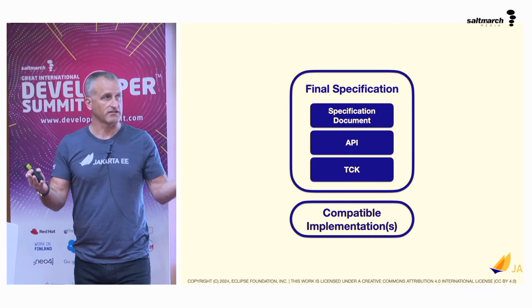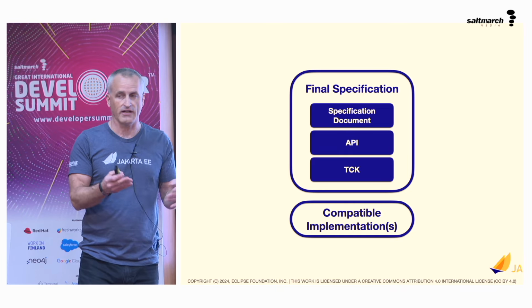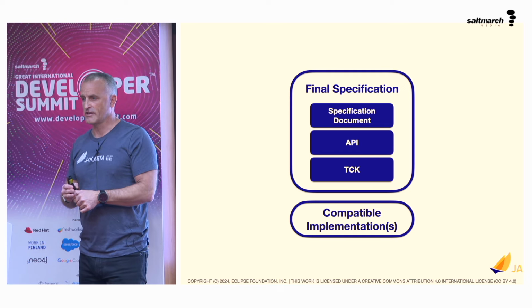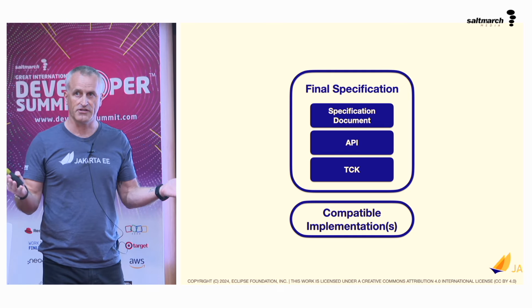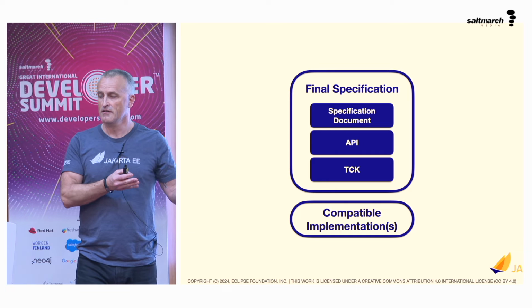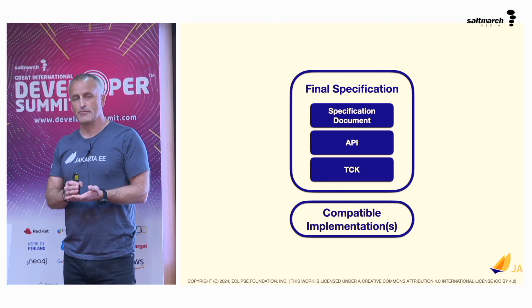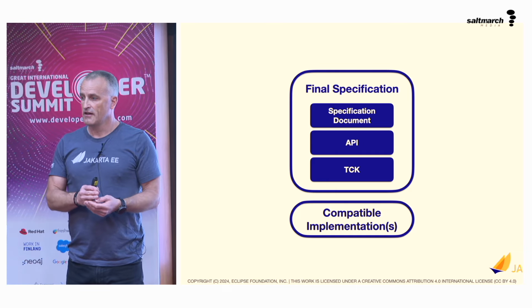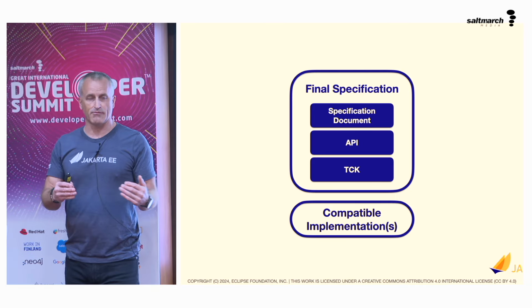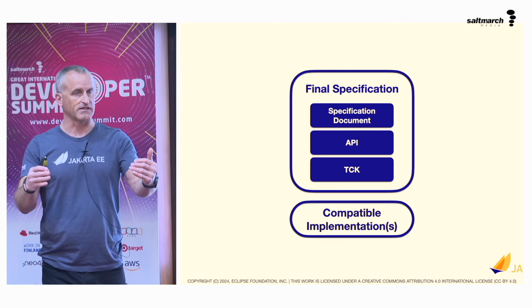That's the specification document, in a PDF or HTML on a web page. It's also an API artifact that we as developers use from Maven Central. And it's a test compatibility kit, or a TCK, that we use to test whether an implementation implements the specification.